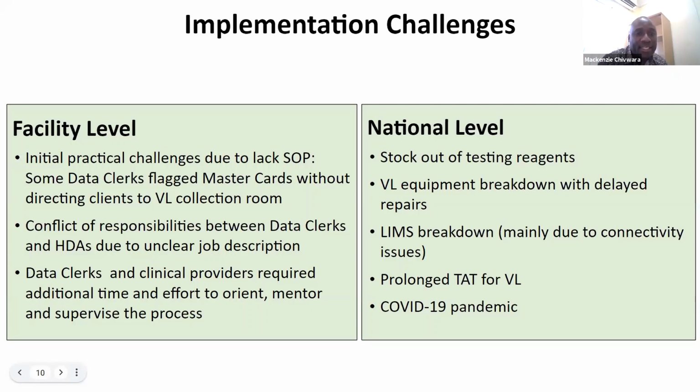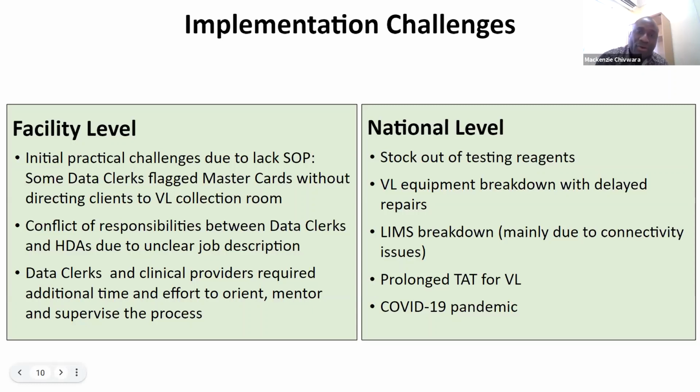Again, data clerks and clinical providers also required additional time and effort to orient, mentor, and supervise them in the process, just to make sure that they all understood the expectations, but also the implementation of the initiative.